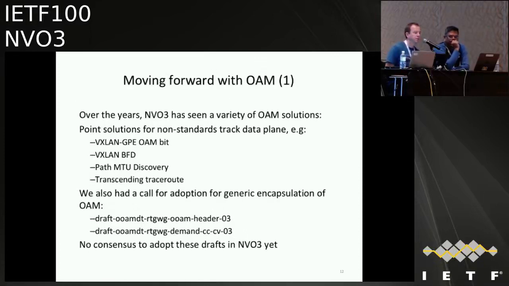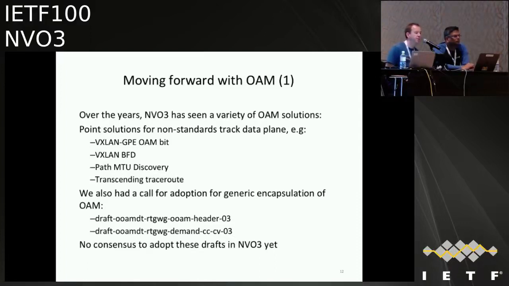The other area I wanted to mention was OAM and how we're going to progress on it. Over the years, NVO3 has had a variety of OAM solutions. We had some point solutions for our non-standards track data plane, for example VXLAN GPE, so the OAM bit definition for GPE. We've got a draft today on VXLAN BFD.